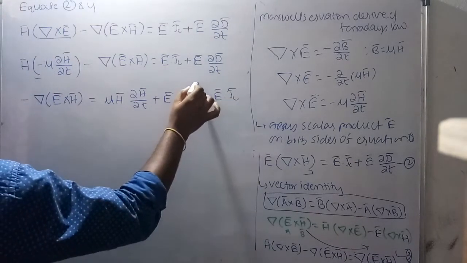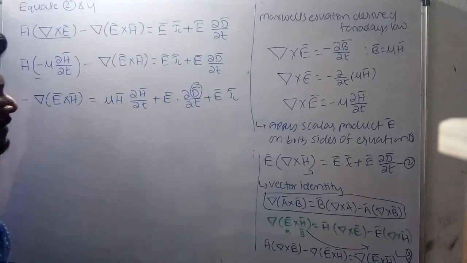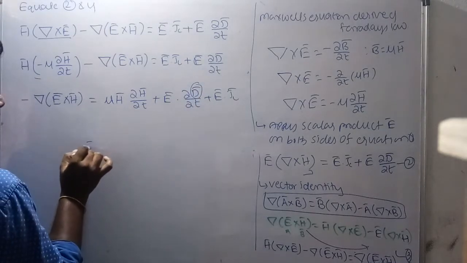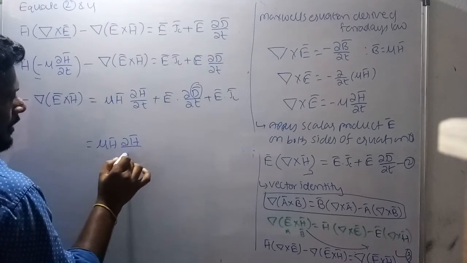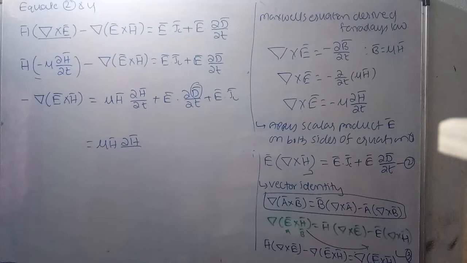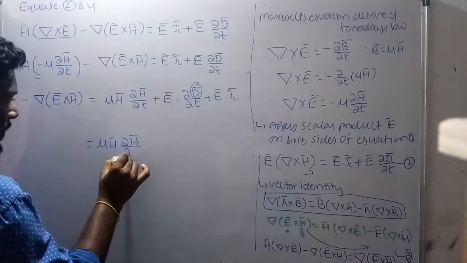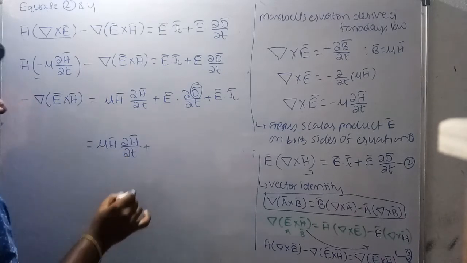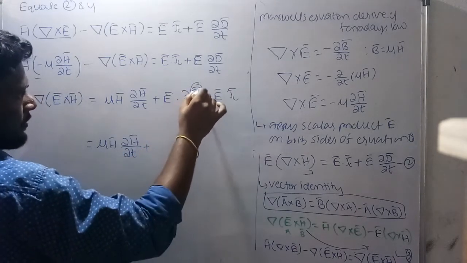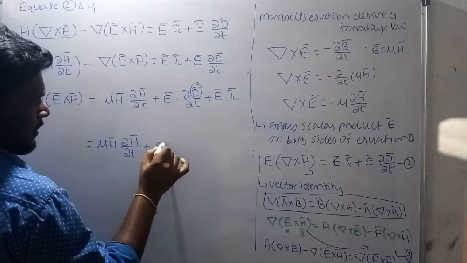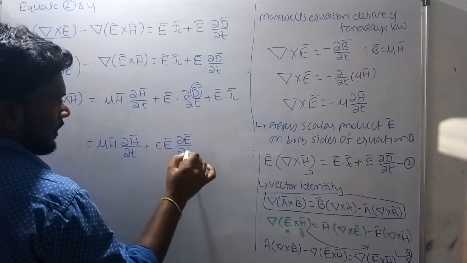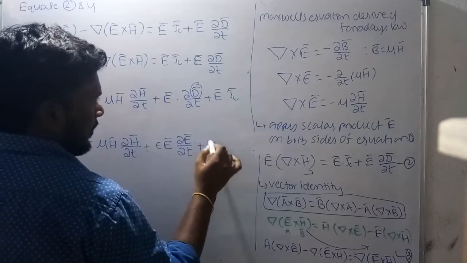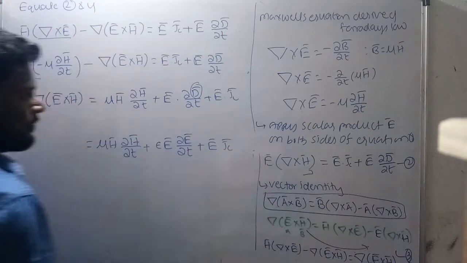Okay, substitute here with the epsilon times of E bar, so that your equation will change to mu times of H bar dou H bar by dou T plus, after substitution of epsilon times of E bar, here you get epsilon times of E bar dou E bar by dou T plus E bar JC bar.